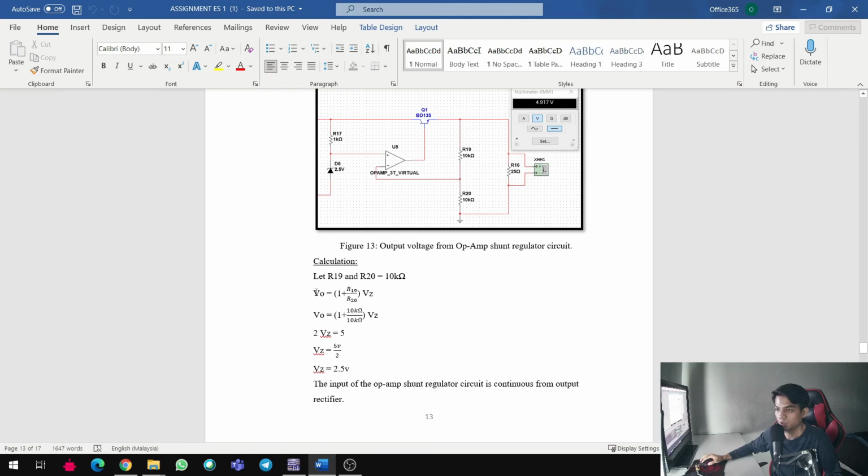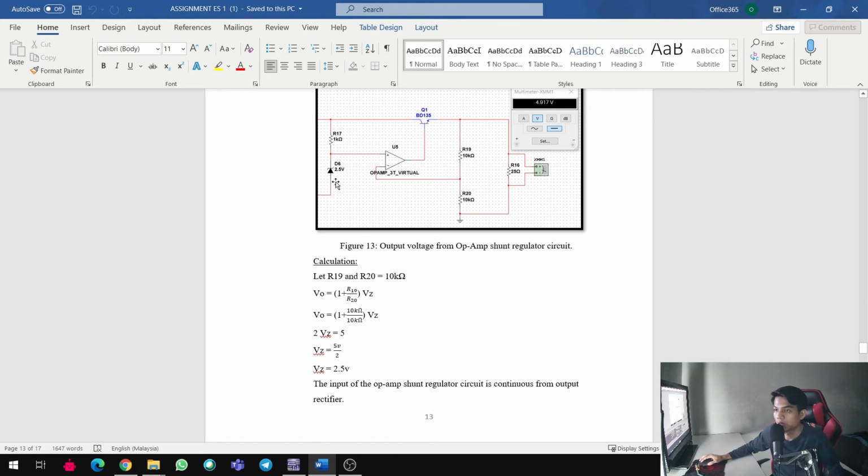Using this formula, VO is equal to (1 plus R19 over R20) times Vz, we can find the Vz value. So VO is equal to 1 plus 10 kilo ohm over 10 kilo ohm, times Vz. 5 is equal to 2 Vz, so Vz is equal to 5 volt over 2, and Vz is equal to 2.5 volt.